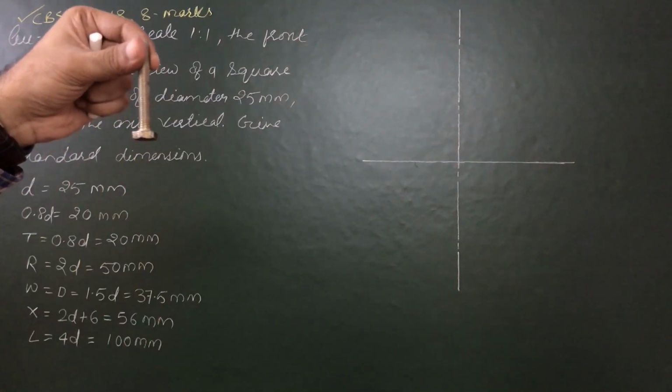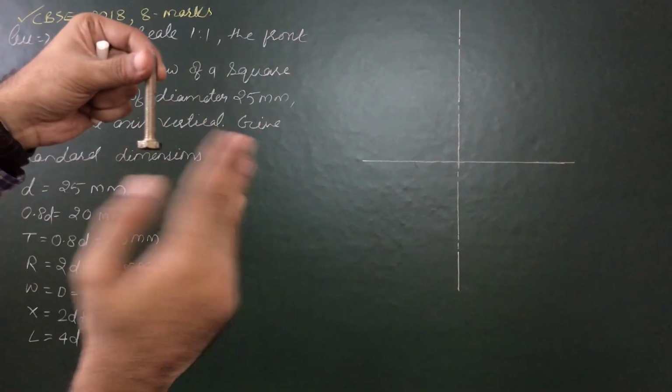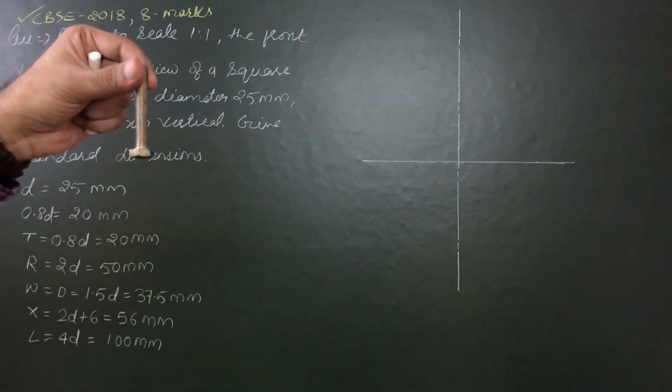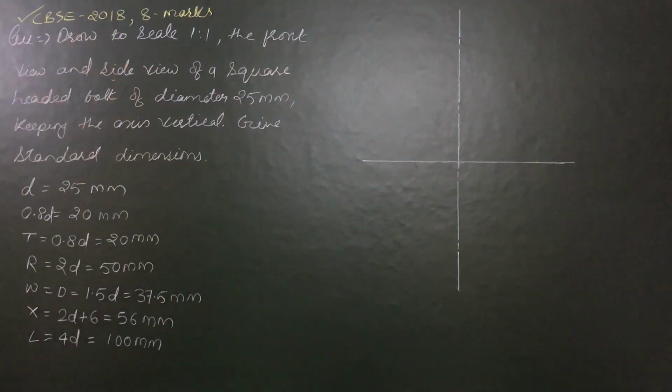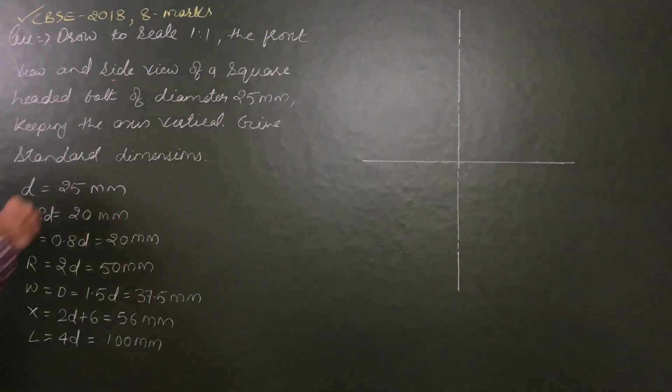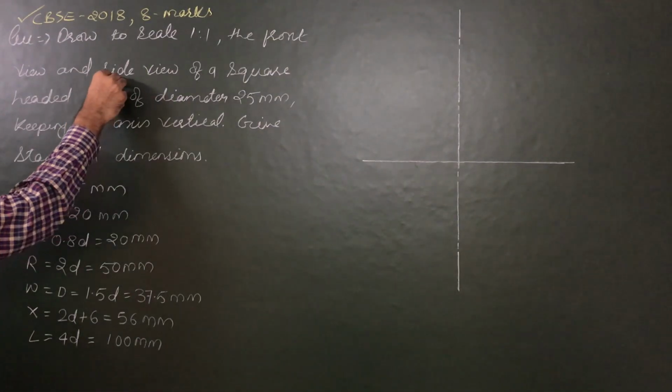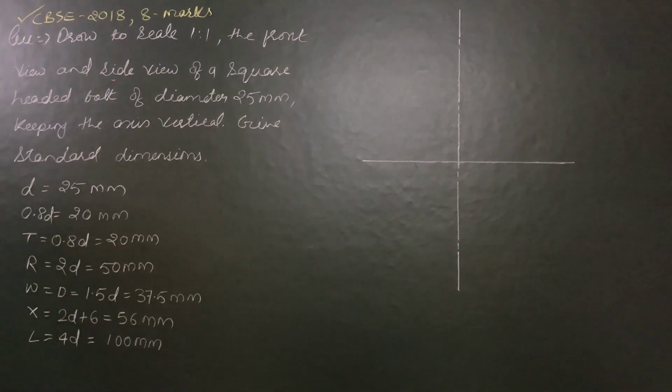So in both the cases, front view and side view will be approximately same. So I think by mistake side view was asked. In place of side view, top view and front view would have been better. So we'll draw top view and front view of square headed bolt of diameter 25, keeping the axis vertical.